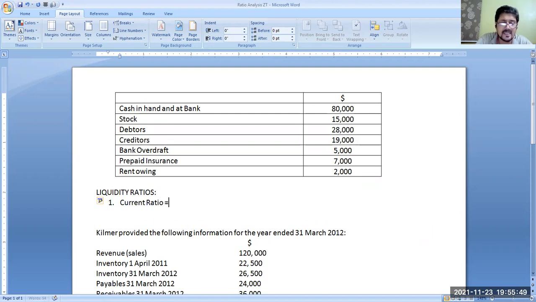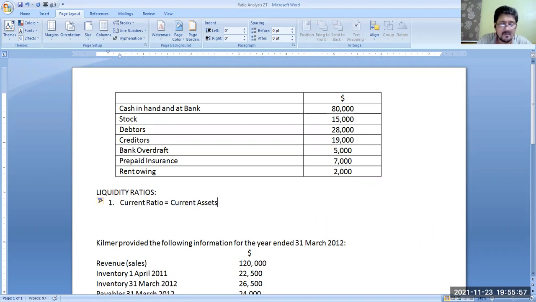And the formula is current assets divided by current liabilities. So this is the formula of current ratio.